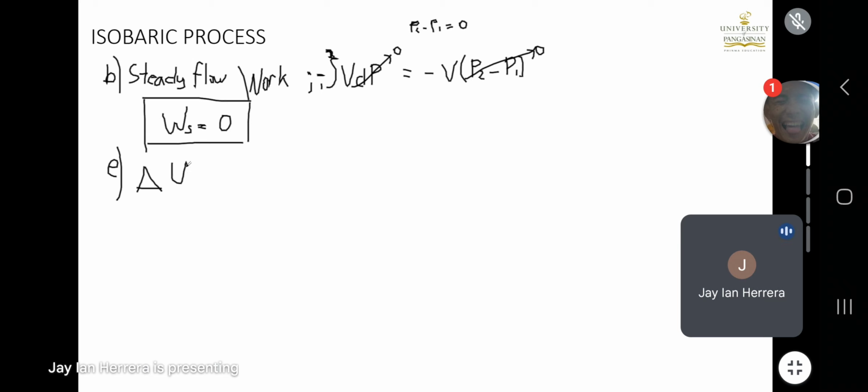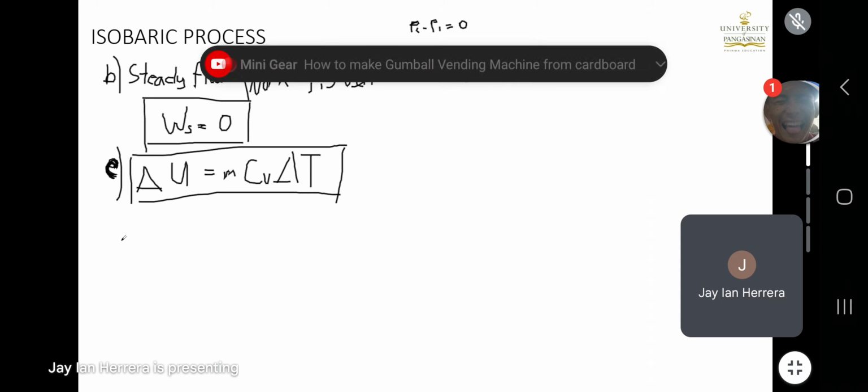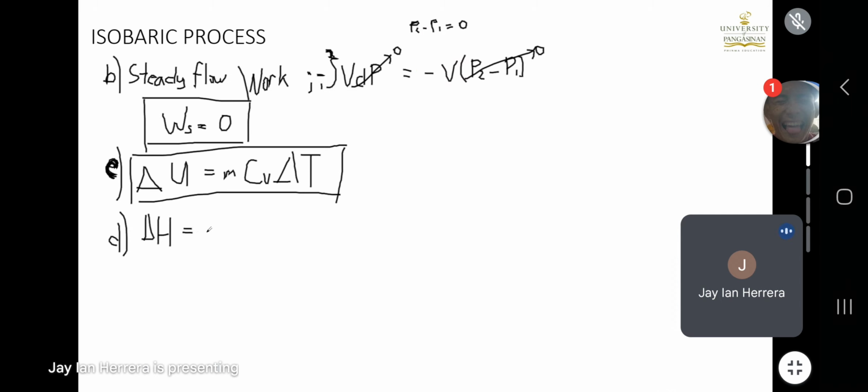That still doesn't change: mCV delta T. Next is our change in enthalpy, always mCP delta T.